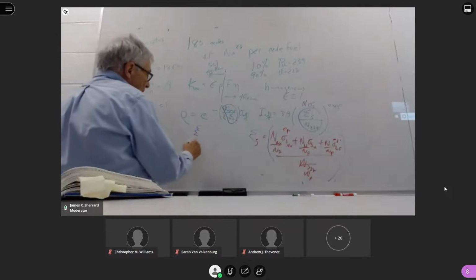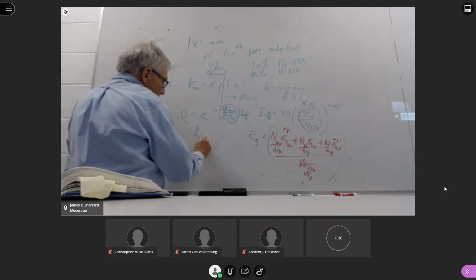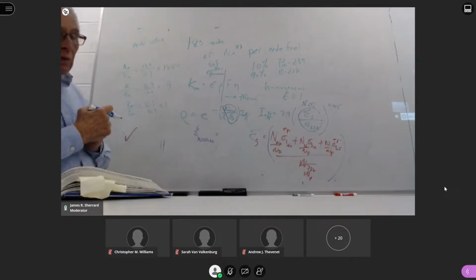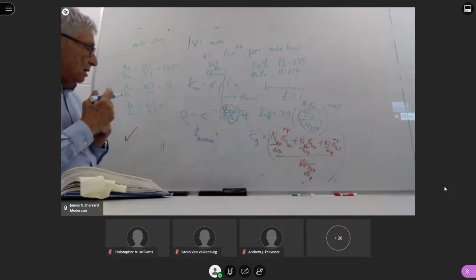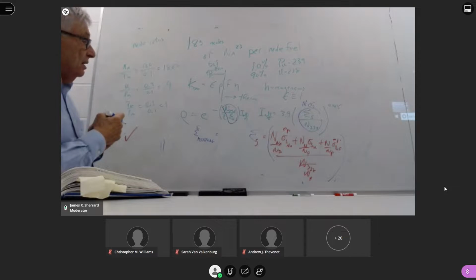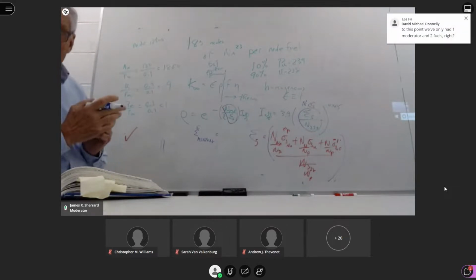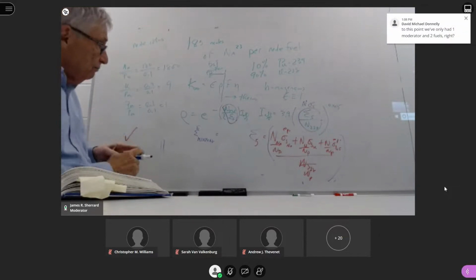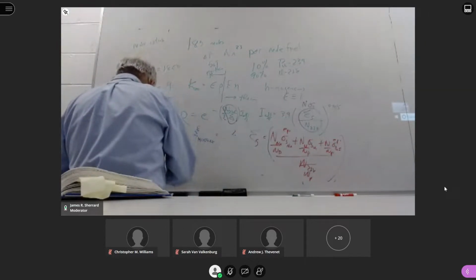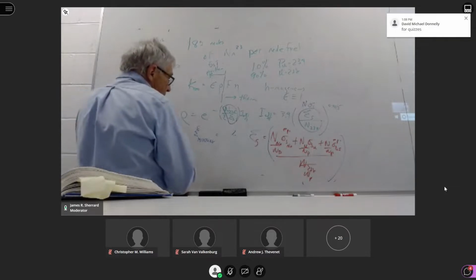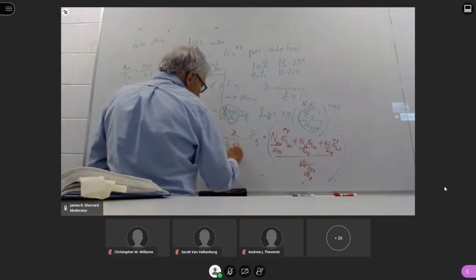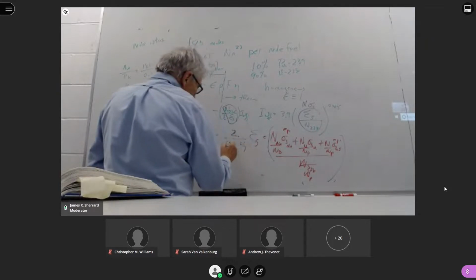Squiggle is supposed to be for your entire mixture. But we know that when we calculate squiggle, it is primarily due to the moderator. In this case, we only have the one moderator. So this is going to be 2 over A plus 2/3.